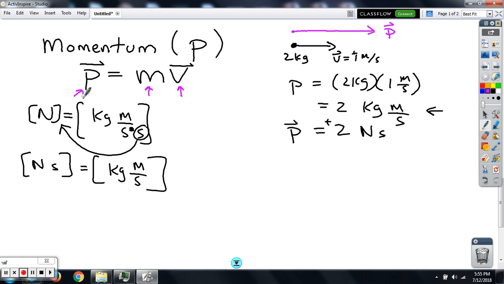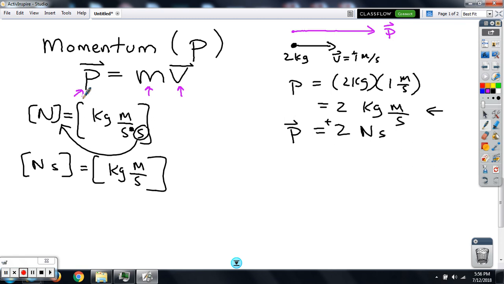If I multiply by a value less than 1, but still greater than 0, because you can't have a negative mass, if I multiply by a half, then it makes the momentum vector look half as big as the velocity vector. If I multiply by 10, then the momentum vector will look 10 times bigger than your velocity vector. So it can change the size of your vector, but it cannot change the direction.